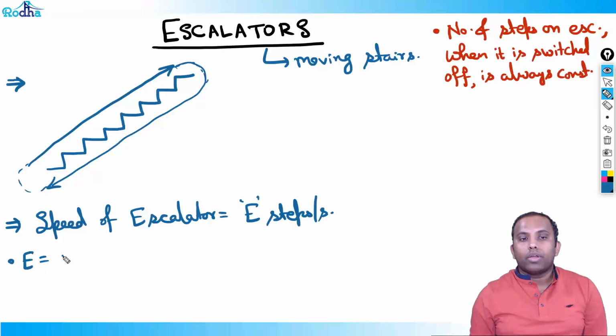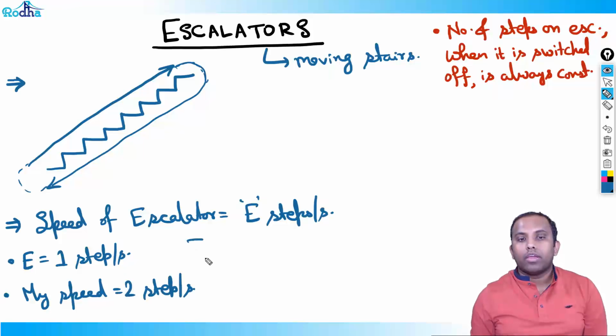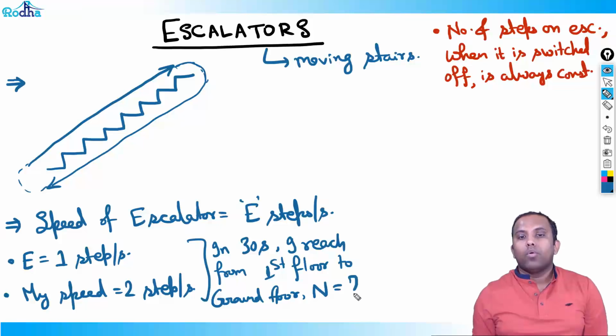If E is equal to 1 step per second, and my speed is 2 steps per second, and in, let's say, 30 seconds I reach from first floor to ground floor, right? So what is the value of n here?